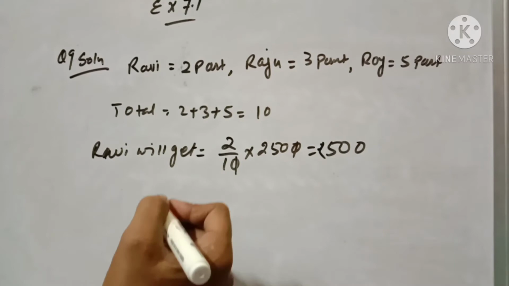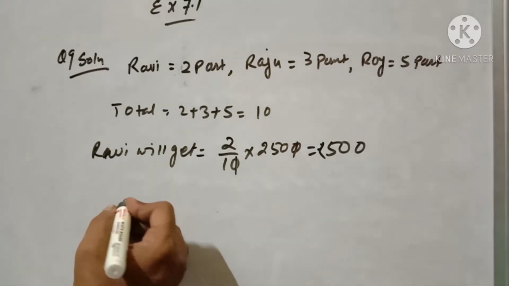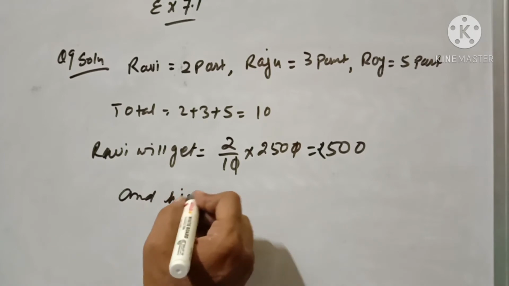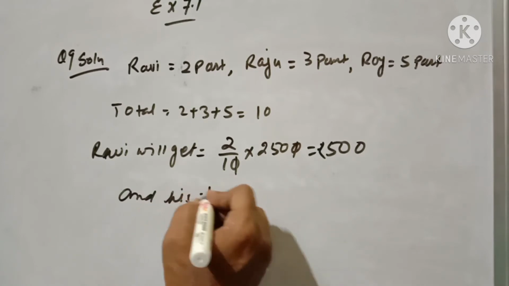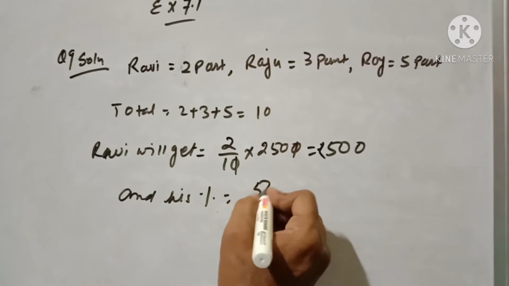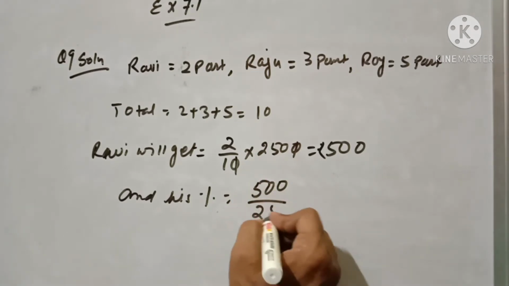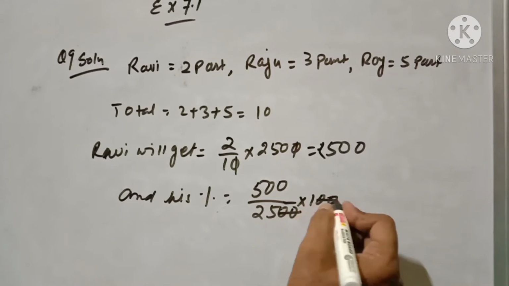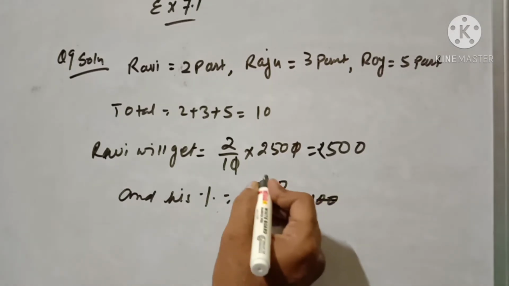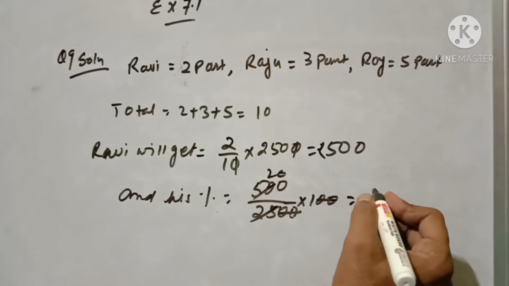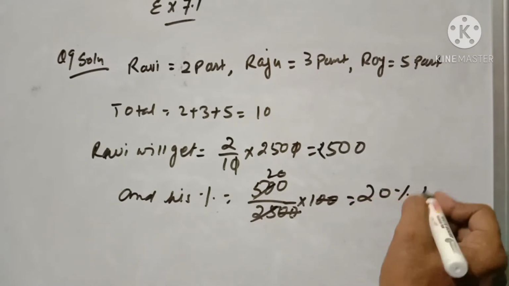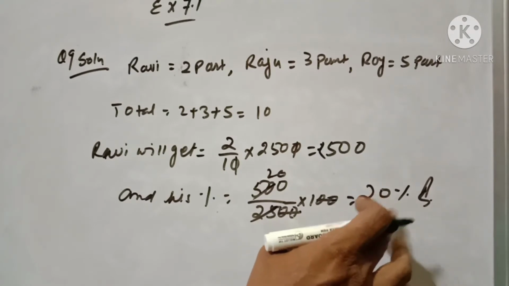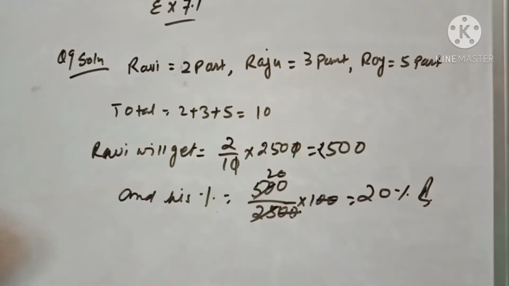So rupees 500, percentage of whom? His percentage equal to he is getting 500 out of 2500 into 100. So 20, it will come 20%. This is our first answer. So Ravi will get 20% and his money will be 500.